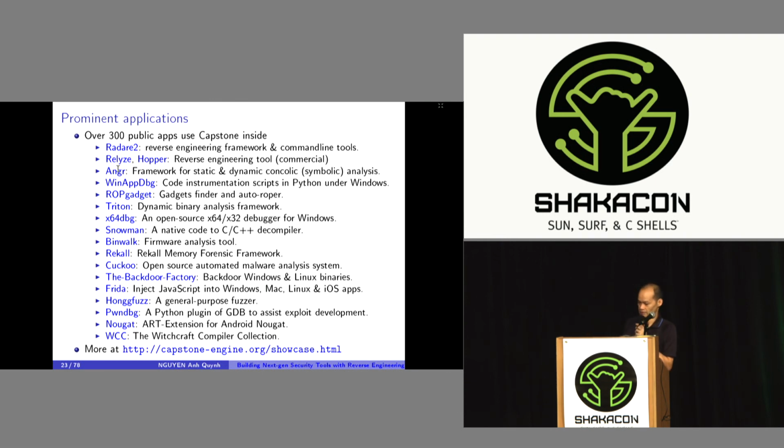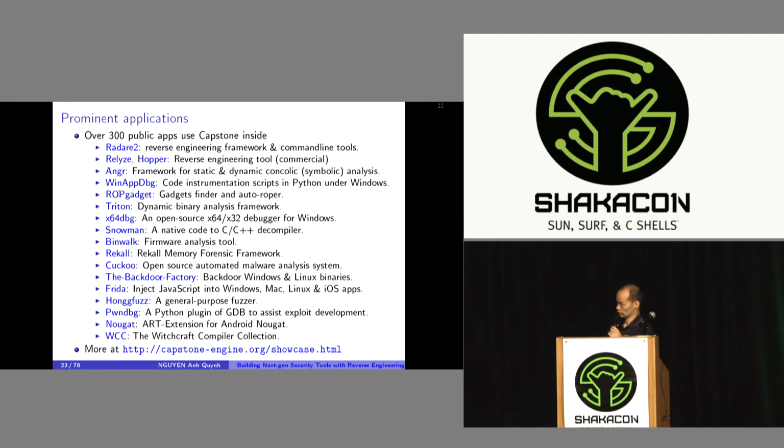Angr, a fantastic framework built by University of California. And the Shellphish team, they use Angr to fight in the last CGC last year, and they won the third prize. They use Unicorn and Capstone inside. Qiling app debugger is a nice tool for debugging Windows.